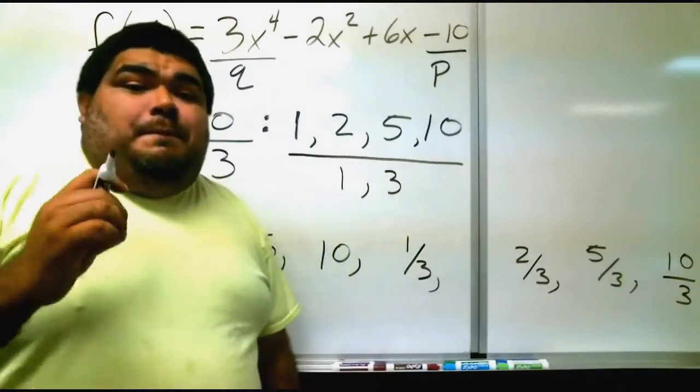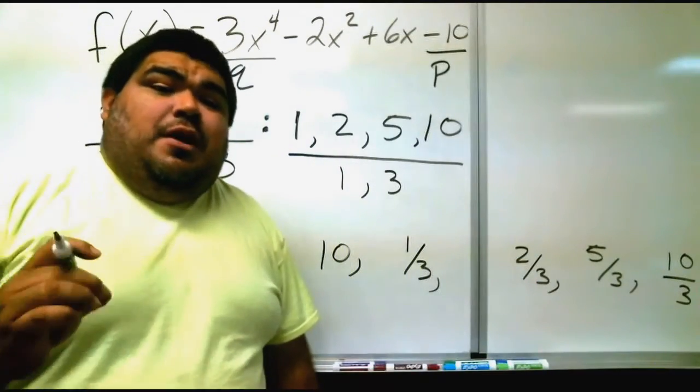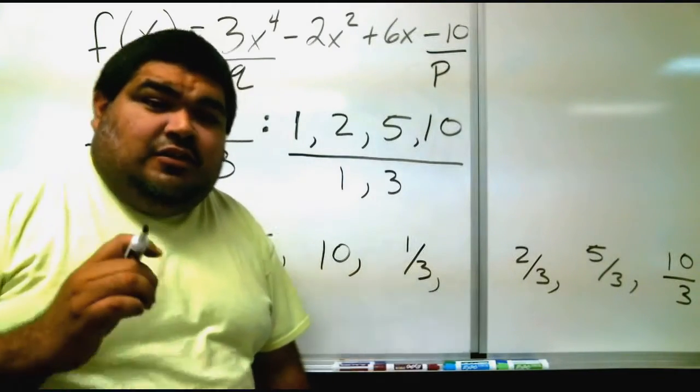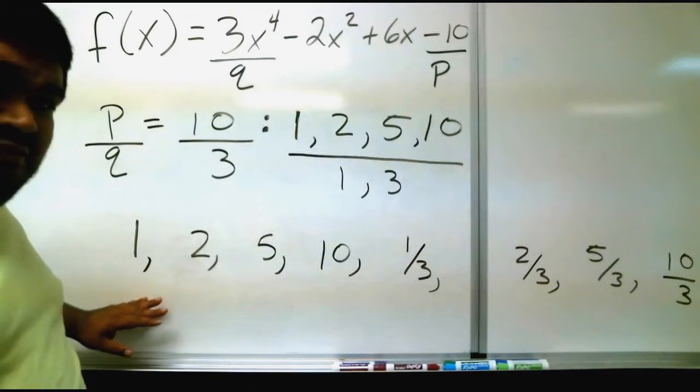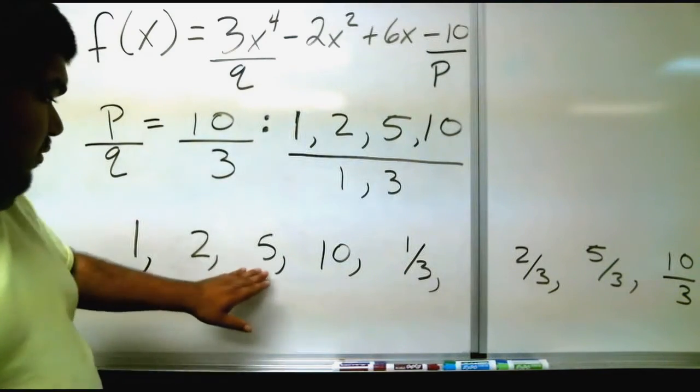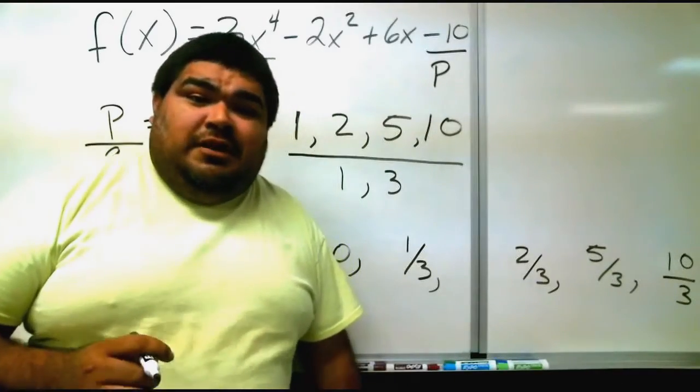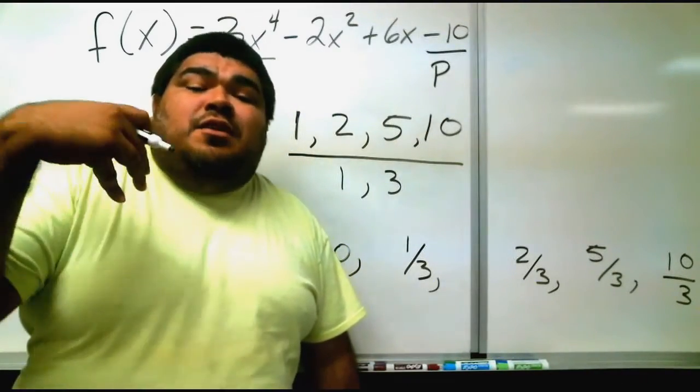But since you're dealing with polynomials, they're always positive and negative. So technically, not only are you dealing with 8 different outcomes, but you're dealing with the negative numbers of them as well.